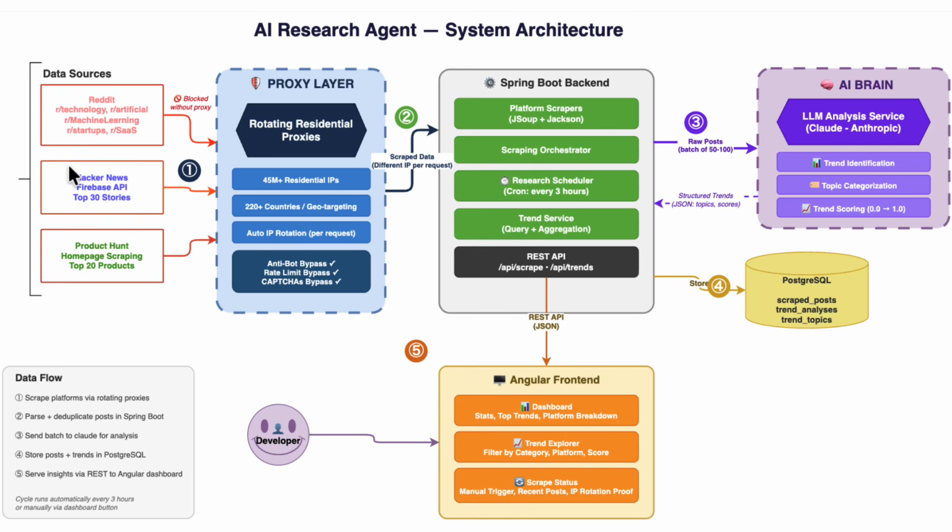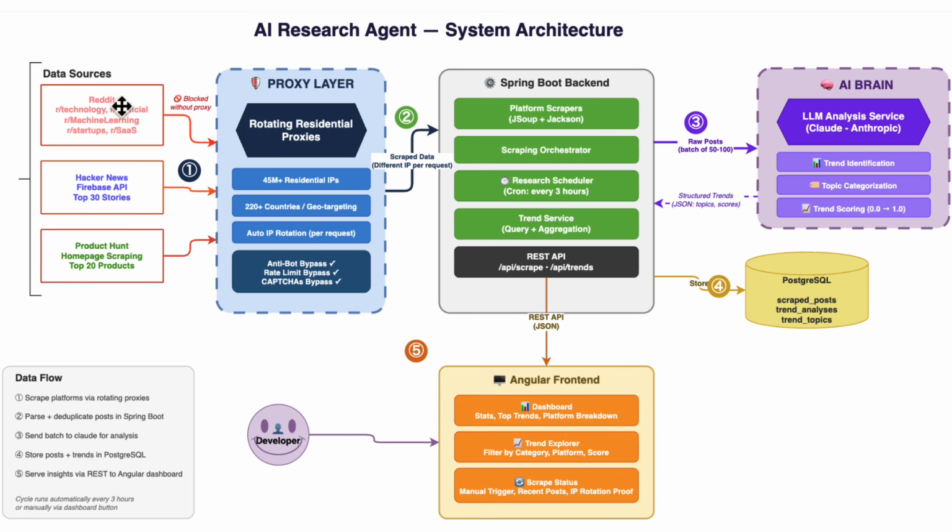And why do we need this proxy? Because the proxy provides rotating residential proxies, and the one that we will use provides more than 45 million residential proxies across more than 220 countries for geotargeting. We also have the option of auto IP rotation, so we can have a new IP address per request.